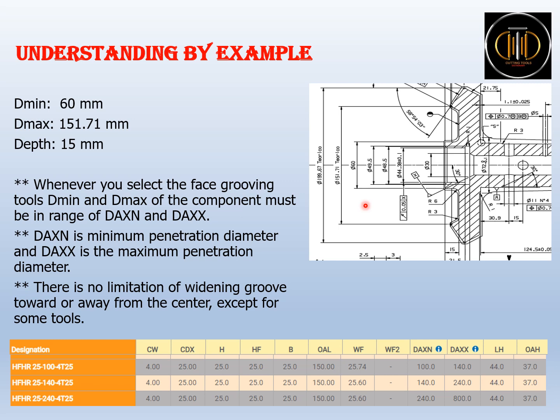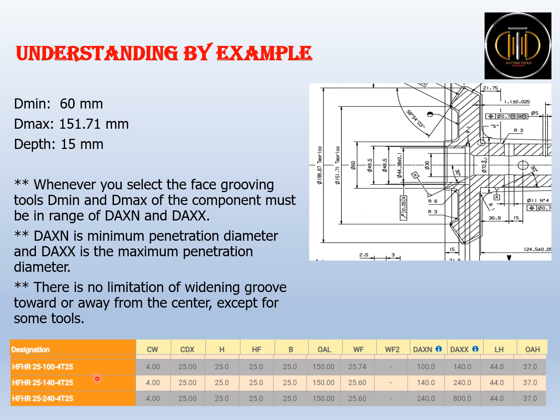Once you penetrate into the component, there is no limitation on widening the groove towards or away from the center. You can go downward or upward. But the penetration diameter should be within the diameter range given for the particular tool.